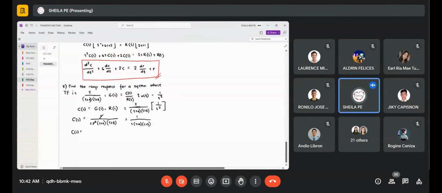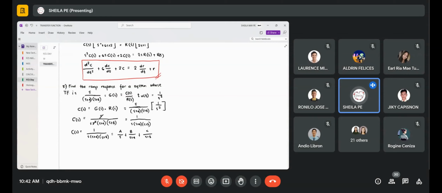That would be a over s plus b over s plus 4 plus c over s plus 8. Okay, partial fraction differentiation.